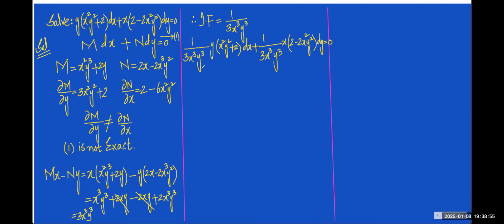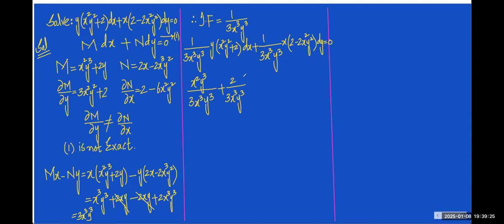So here you see the multiplication. Let me do it in detail. Numerator becomes x square y cube. This value will be divided individually by 3x cube y cube. Similarly, 2 is also divided individually by 3x cube y cube.